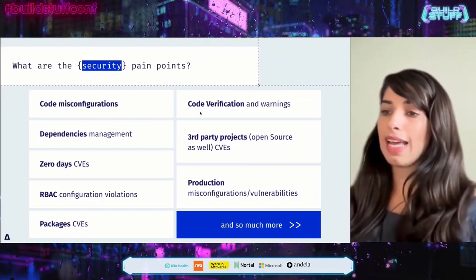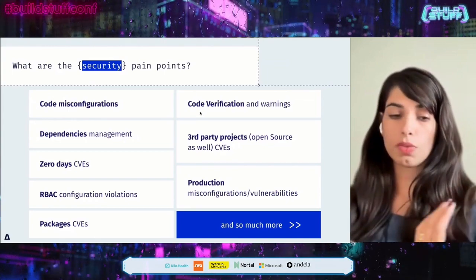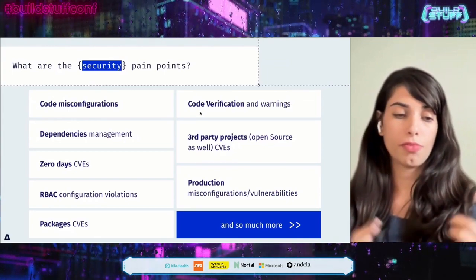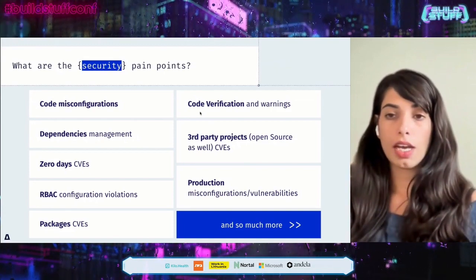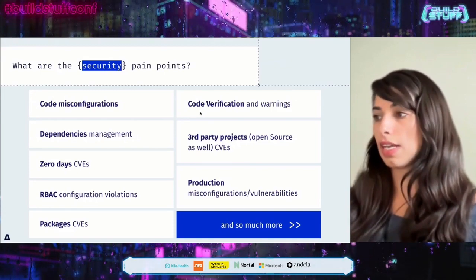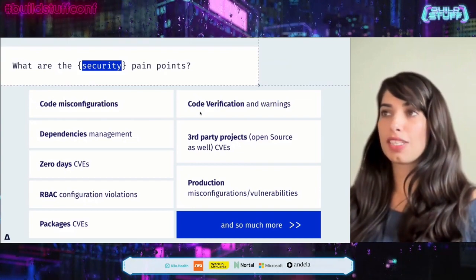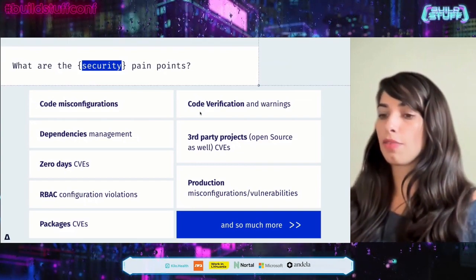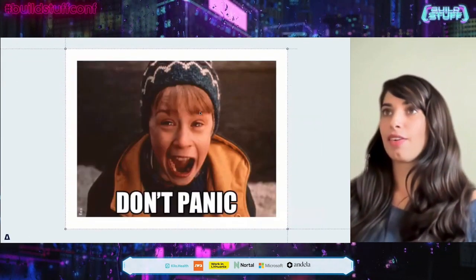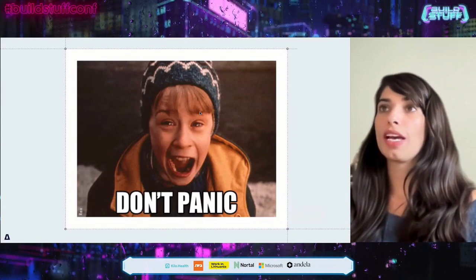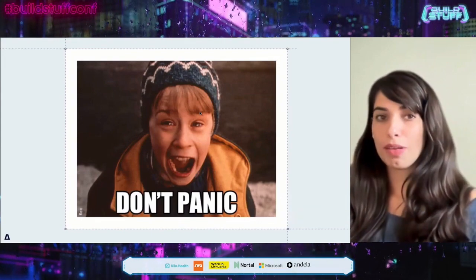And the last thing that we're having is the CVEs, well-known CVEs from our image, from the package that we import previously, and that's about most of the security pain points. But of course, there are some more. But don't panic, okay? Because we really want to solve that, and we want to be aware of those kind of problems.